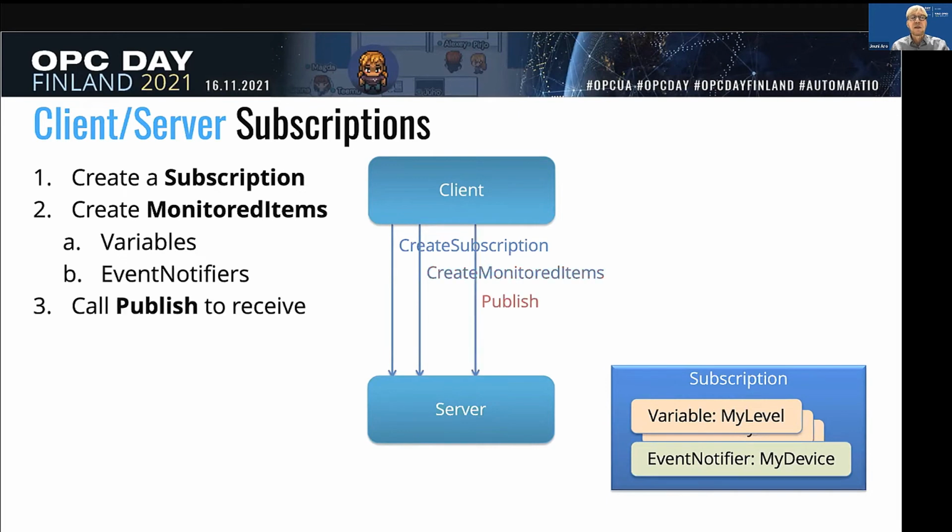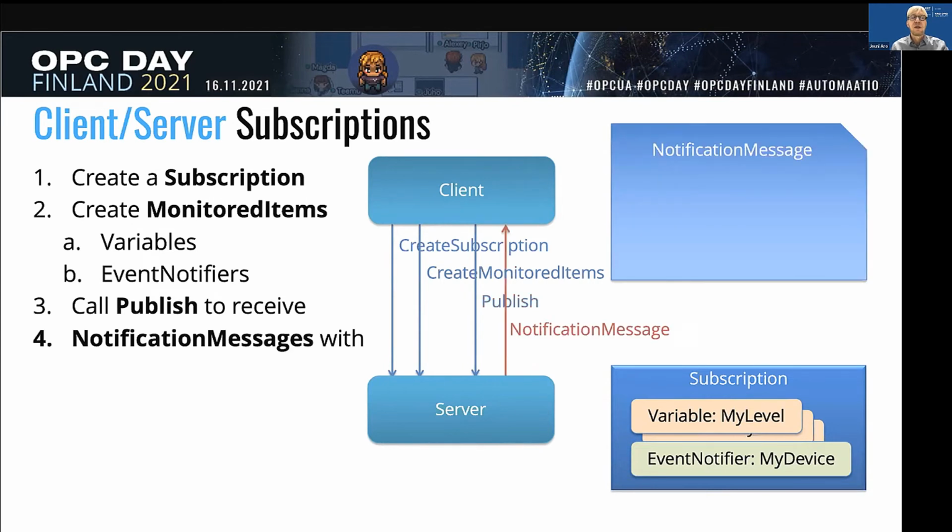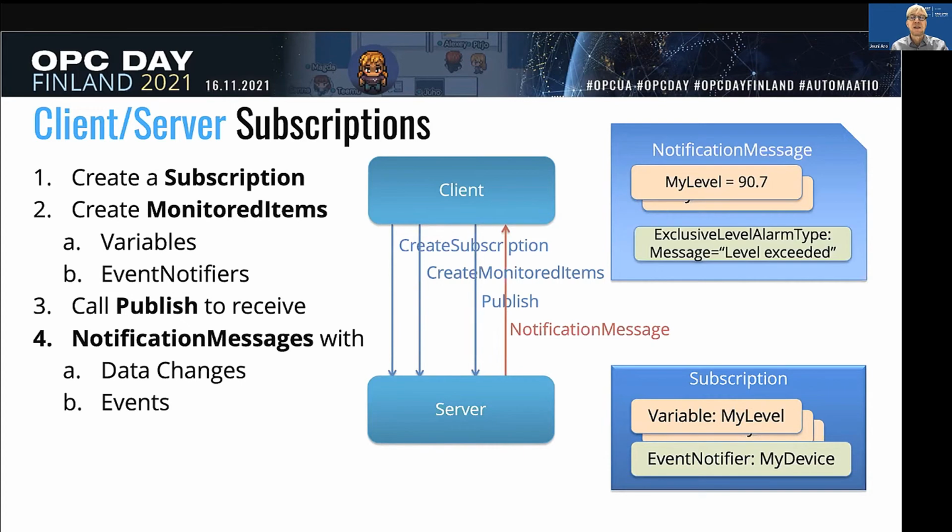And after that, the client starts calling the publish service in the server. And as a result, it gets notification messages from the server that include data changes for the variables and events. And this is a subscription model, and it's also already using these terms publish and subscribe, but it's part of the client-server model.